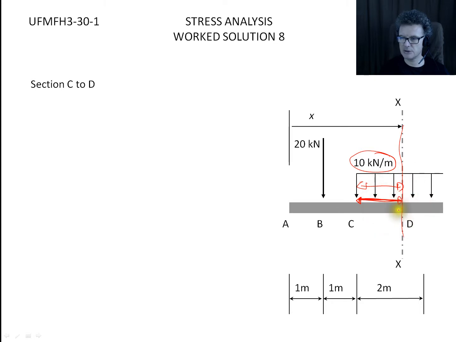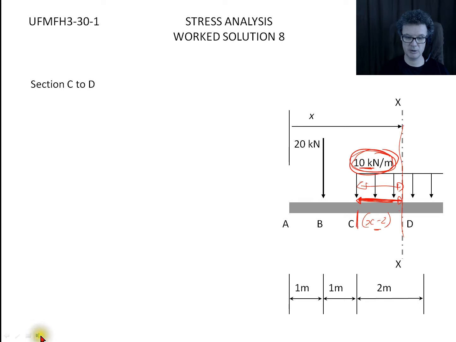We're at position x, we know the start position of the UDL, so it's going to be x take away 2. That would be this length here. And I also know that I've got this proportion of UDL left of me. So take my distance and multiply it by how much UDL per meter you have. That will tell you how much force you've got left of you.